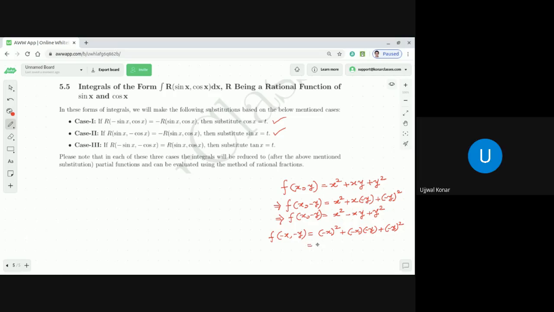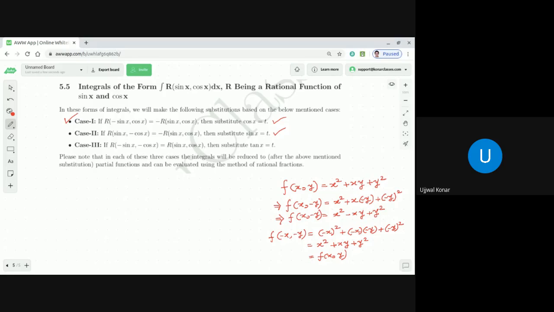So that is equal to x square again plus xy plus y square, which is nothing but f of x comma y. So for this particular function, we see f of minus x comma minus y is equal to f of x comma y. Similarly here, if r of minus sin x comma cos x, which is in case 1, is equal to minus of r of sin x comma cos x, we will substitute cos x equal to t.